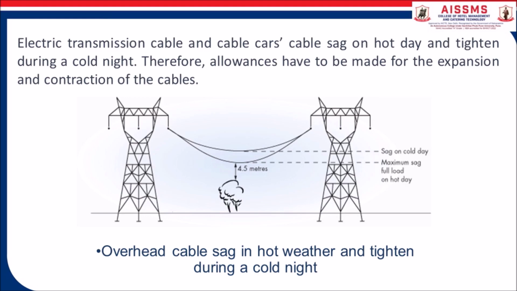Again, as these are placed in the external environment and there is a constant change in temperature, there has to be a scope for contraction and expansion. These allowances have to be made so that the cable functions well. Overhead cable sags in hot weather and it tightens in the cold night, as just explained.